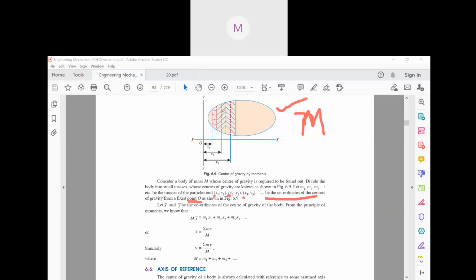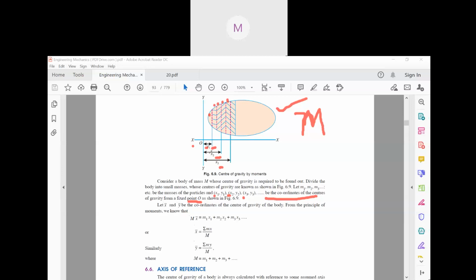Now look, if these are the small masses, then x1, x2, x3 are the coordinates from the fixed point O in the x direction. So this is assumed like that.